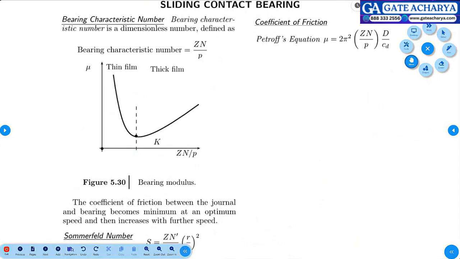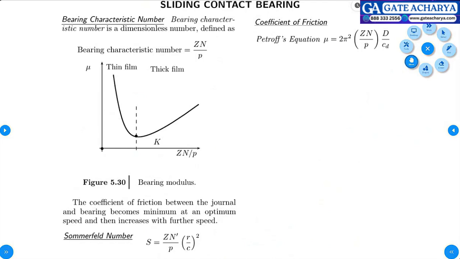Okay. See, when you operate, you need to have an idea at which speed to operate. So you take a plot between coefficient of friction and a dimensionless number ZN by P. This ZN by P is called the bearing characteristic number.